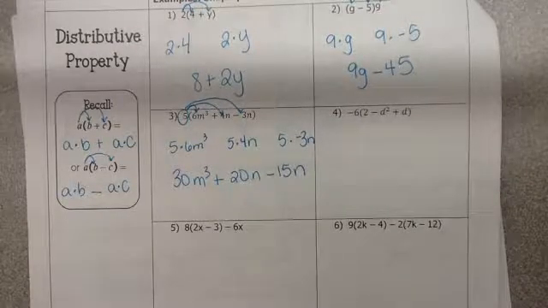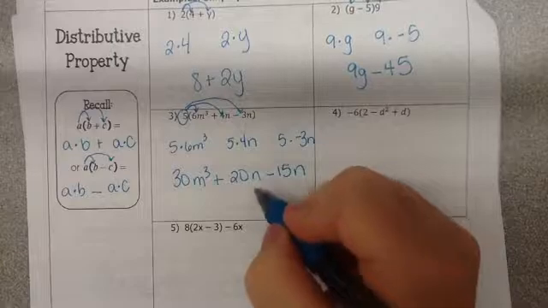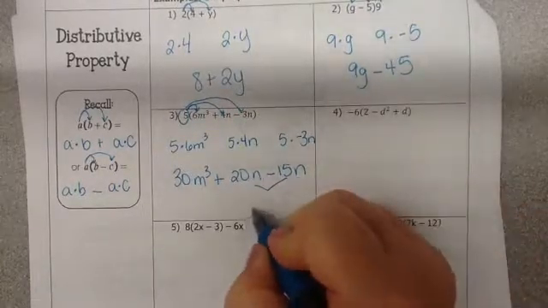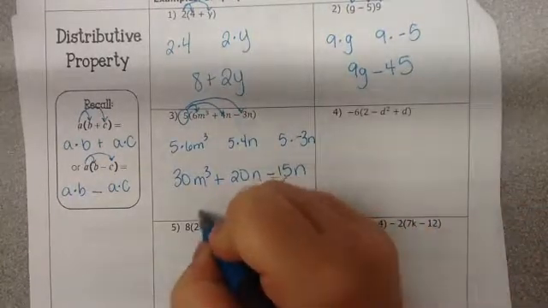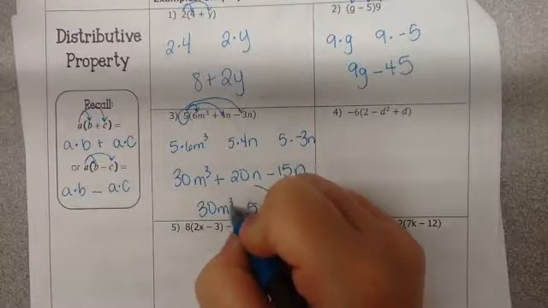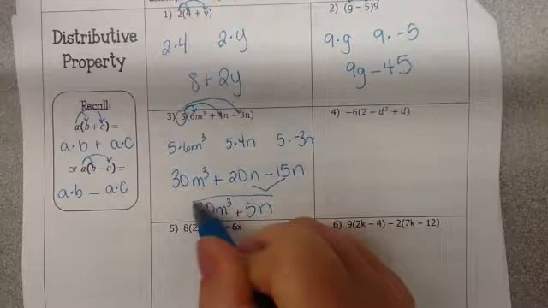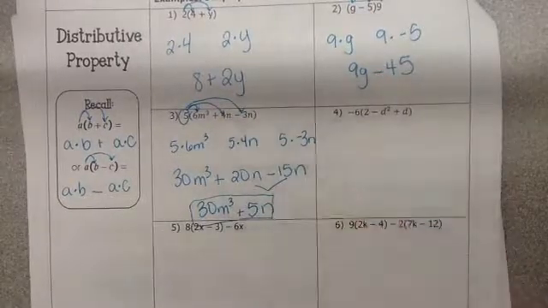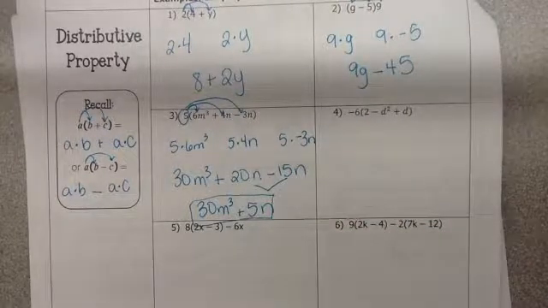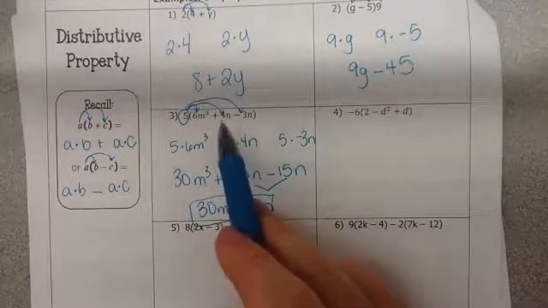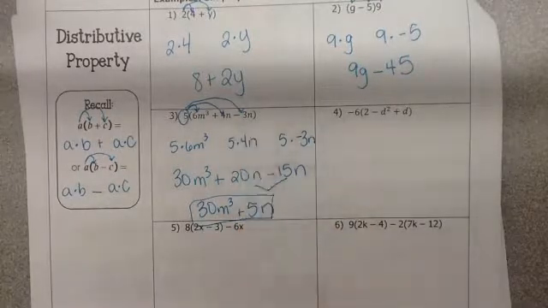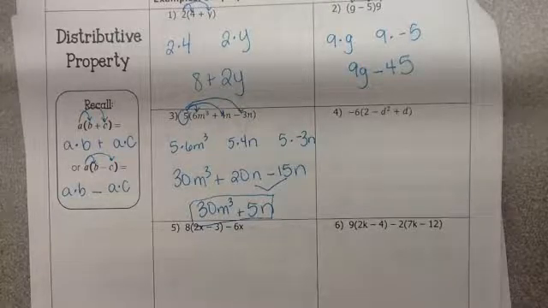What do you notice that we can still do? Combine these. 30m cubed plus 5n. You also, if you notice, could have combined those first. That would give you the exact same answer. Try number 4 on your own.